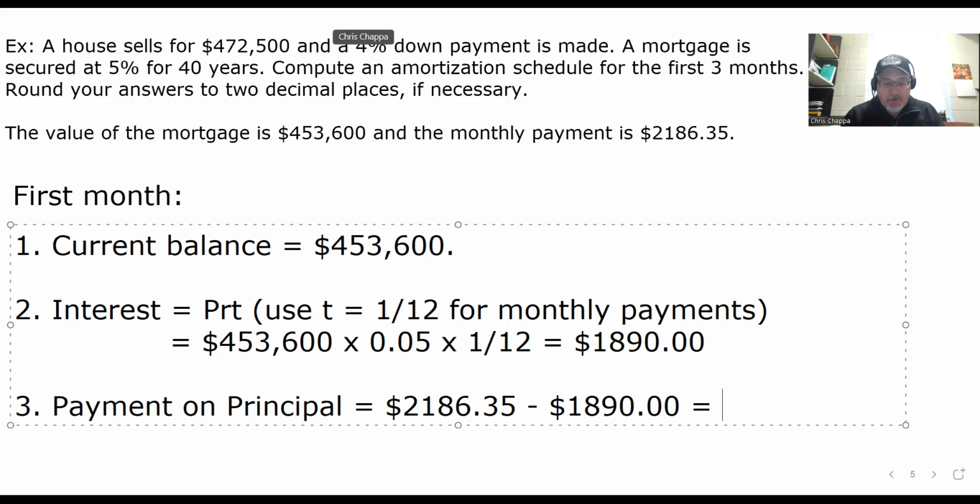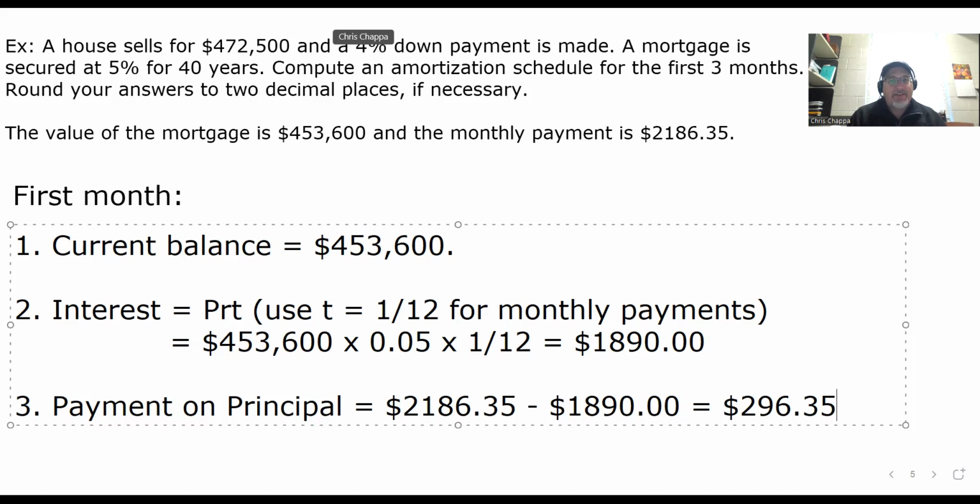2186.35 minus 1,890 is a whopping $296.35. I just sent a payment for $2,186.35.